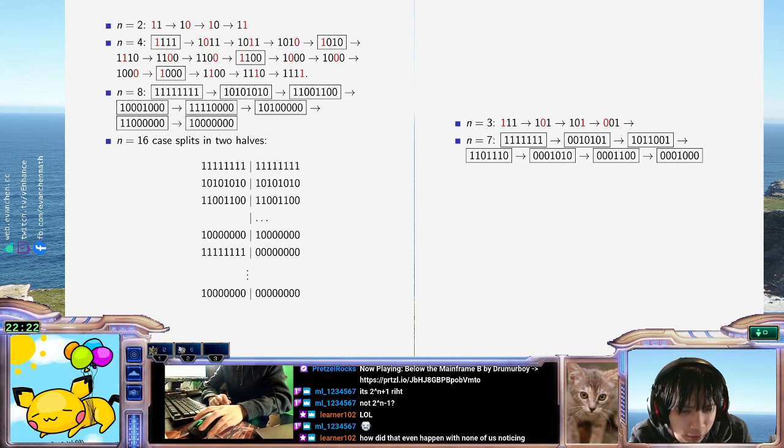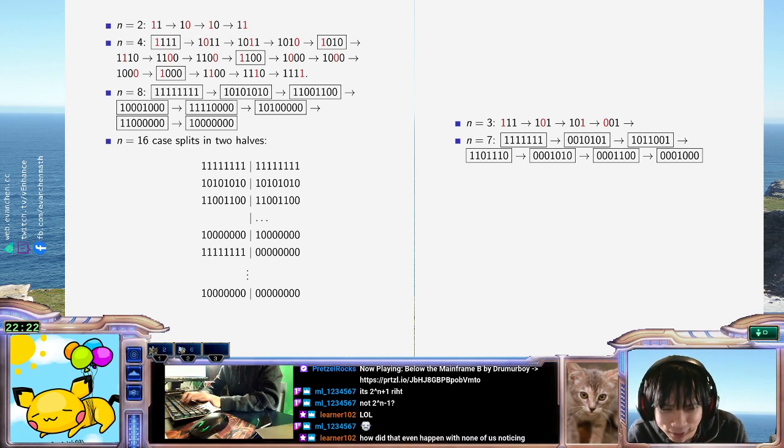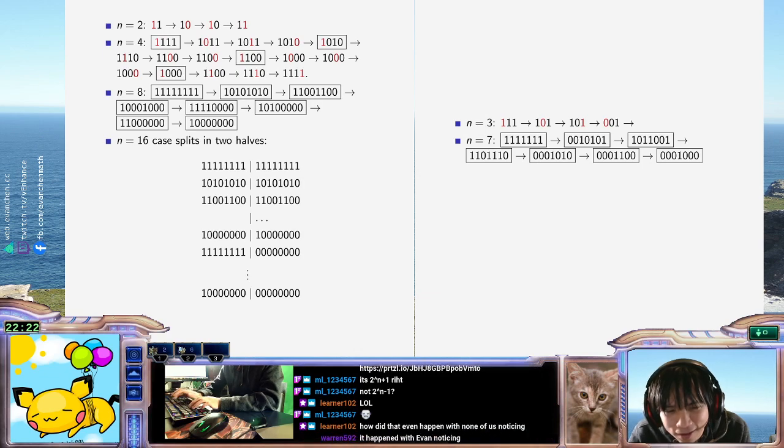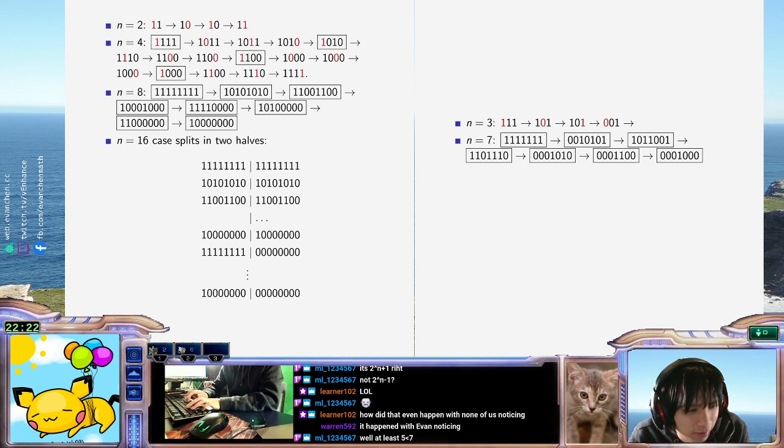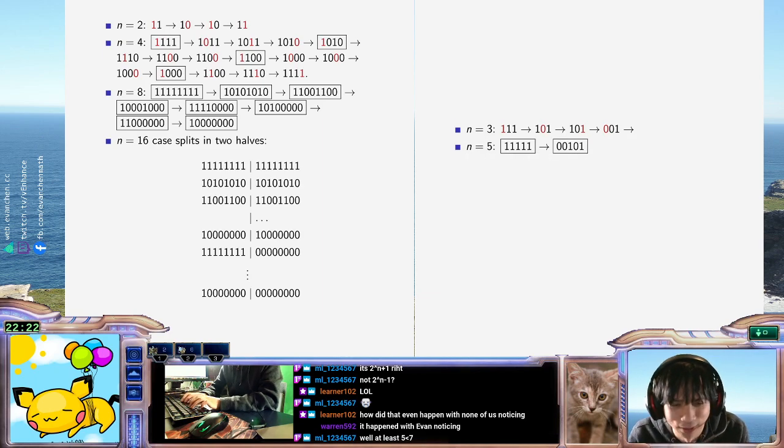Alright, let's start over. Fortunately, the n equals 3 example I can still use. But, oh my god, jeez. Try again! Yeah, at least the example is smaller.